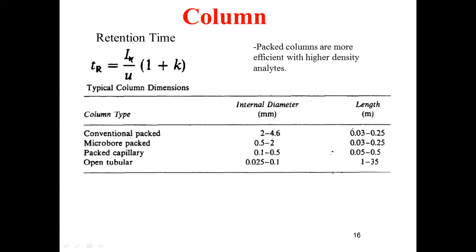So tR = L(1+k)/u, where L is the length of the column, and k is the retention factor or capacity factor of the solute, which decides the average migration or relative migration of the solute in the chromatographic column. According to this equation, packed columns are more efficient with higher density mobile phase, and open tubular columns are more efficient with low density mobile phase.